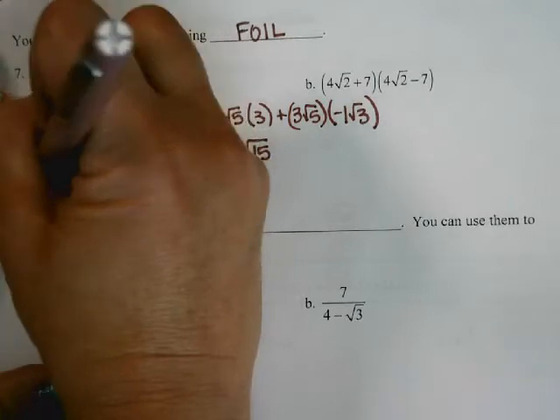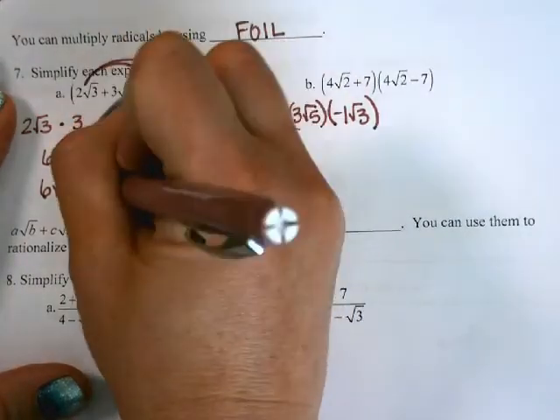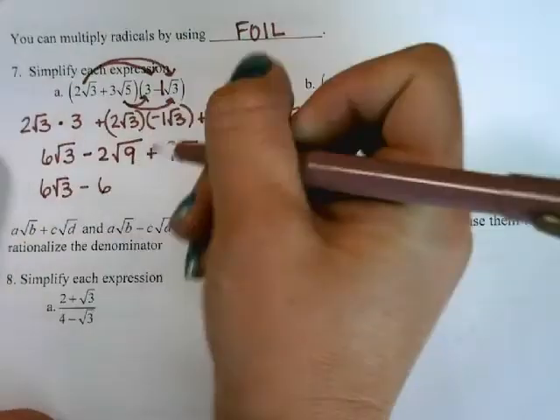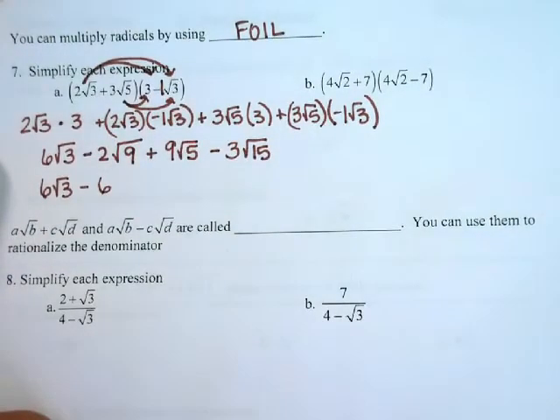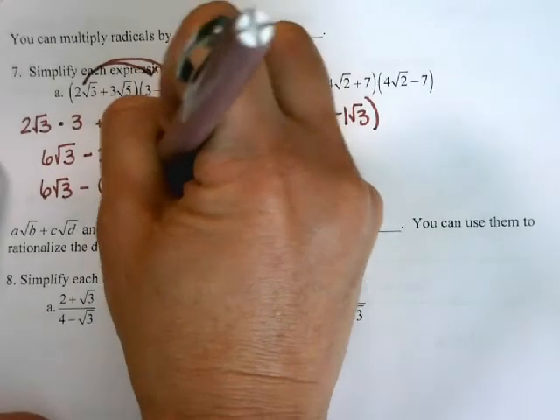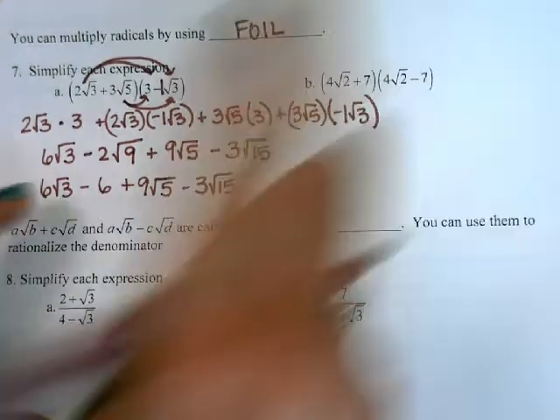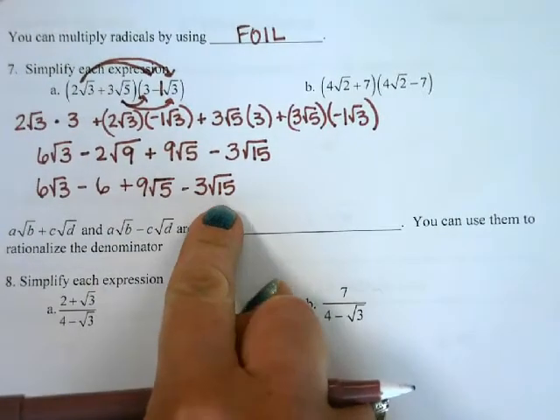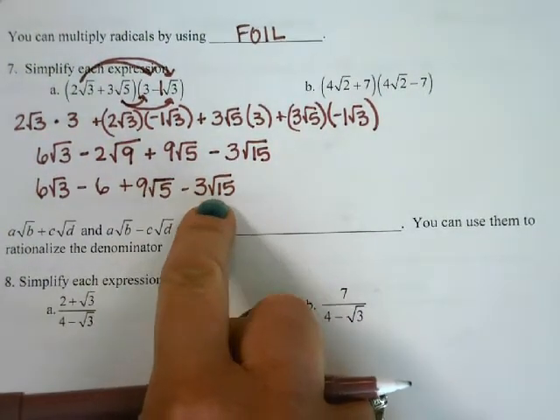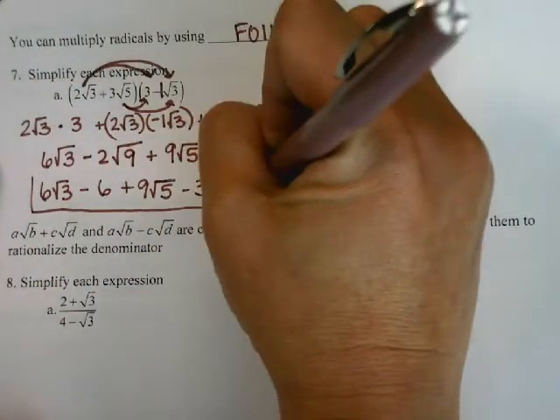So this becomes 6 root 3 minus 2 times 3, or 6, plus 9 root 5 minus 3 root 15. 15 is going to break down into 3 and 5, so none of the radicands are the same. That's all we can do.